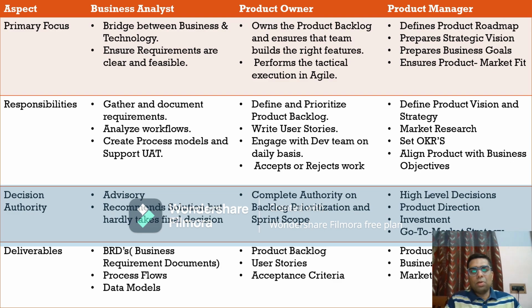They are also required to write the user stories, and they need to engage with the dev team on a daily basis, and also accept or reject work. Okay. And the product manager defines the product vision and strategy. They also perform market research. They set OKRs. They also align the product with the business objectives.